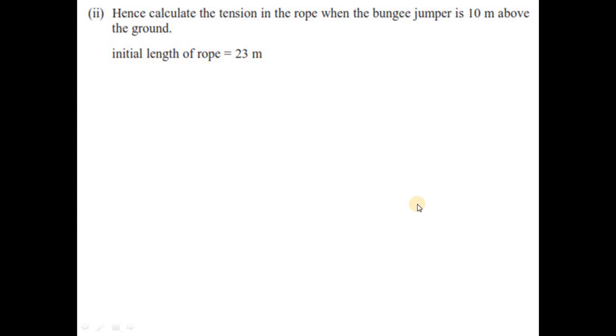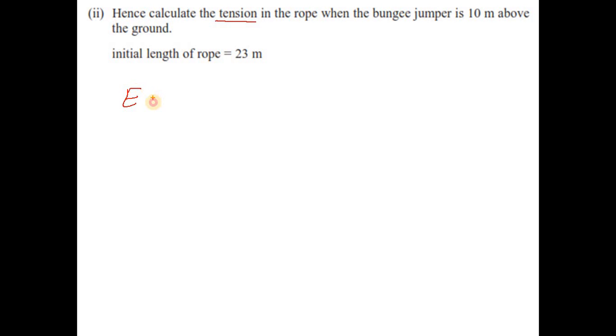Hence, calculate the tension in the rope when the bungee jumper is 10 meters above the ground. The initial length of the rope is 23 meters. You need to find the tension, and you have already found the elastic potential energy.